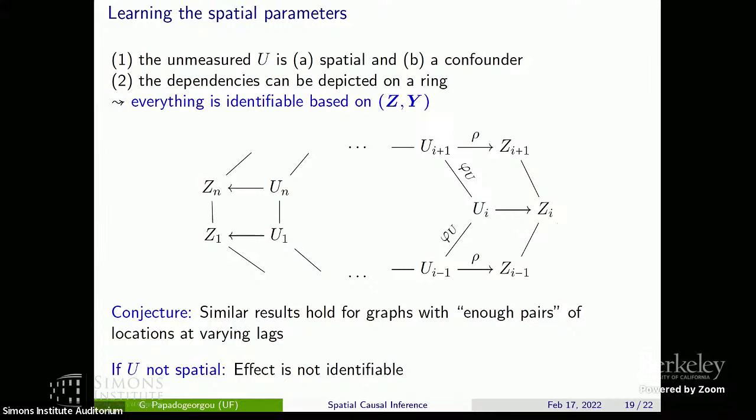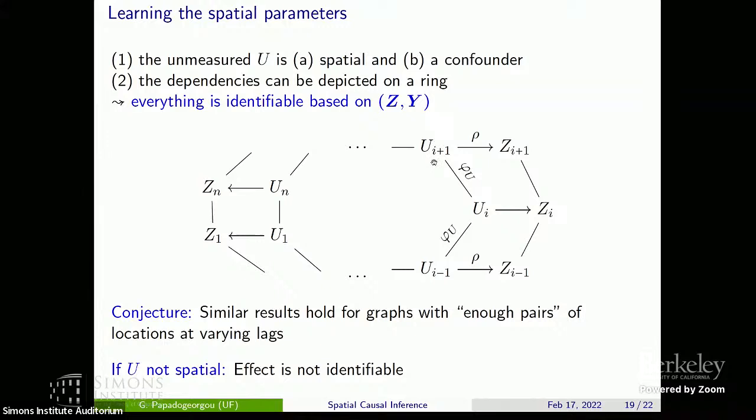If they were at distance 5, they would have 2 rhos and 5 phi U's. So by looking at how the conditional correlation of pairs of units at different lags decays, you can understand what the structure of this unmeasured spatial confounder is.